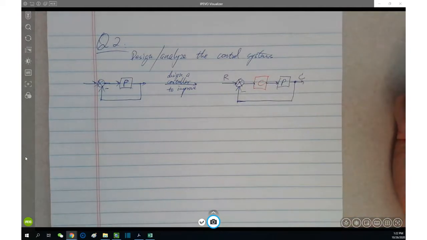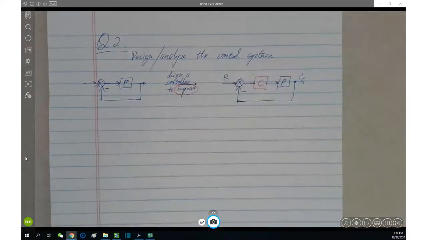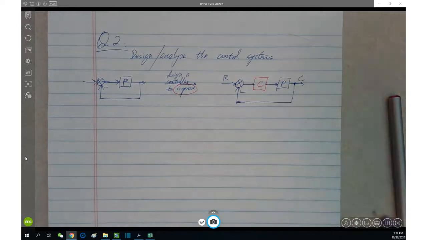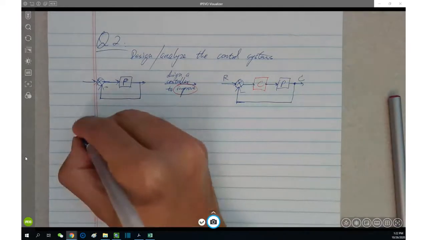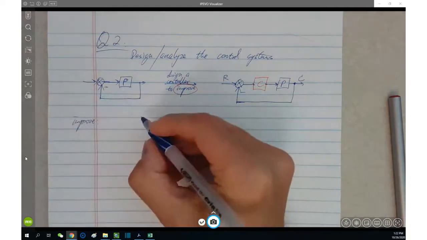So obviously here we need to understand what we are going to improve, or say our targets. Improve what? Three things, basically.